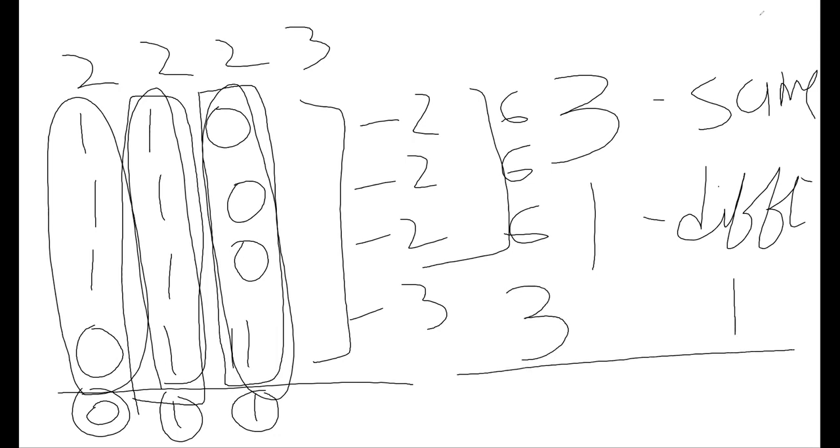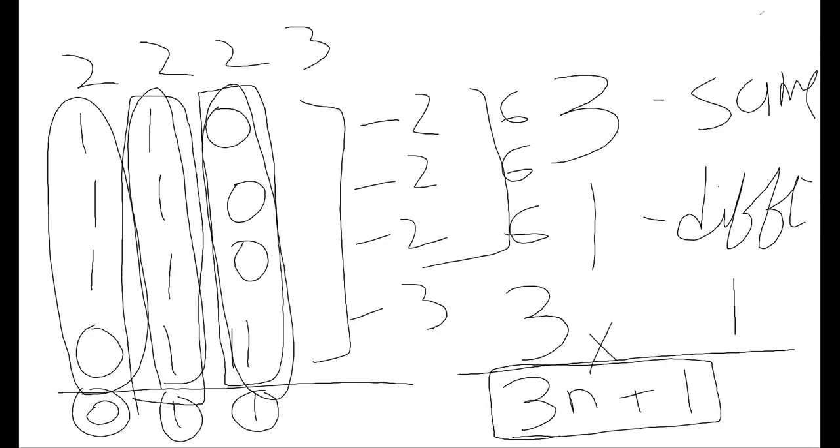So can we say there will always be 3n plus 1 bits in every column or position? And your n is the number of elements, or rather it's any number x. So 3n plus 1 will be equal to the total number of elements.